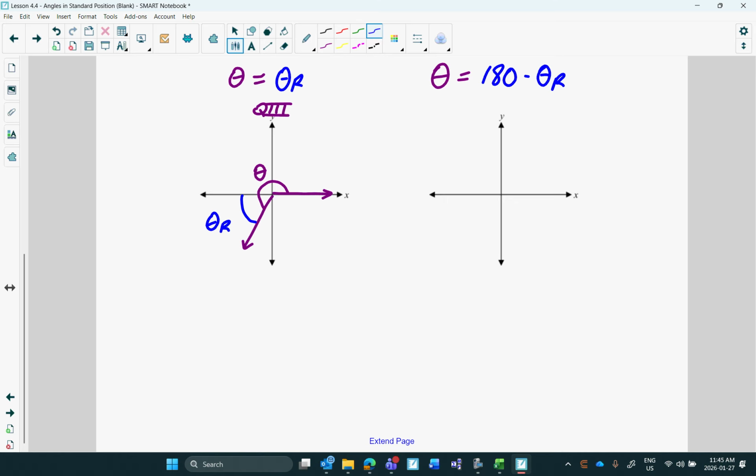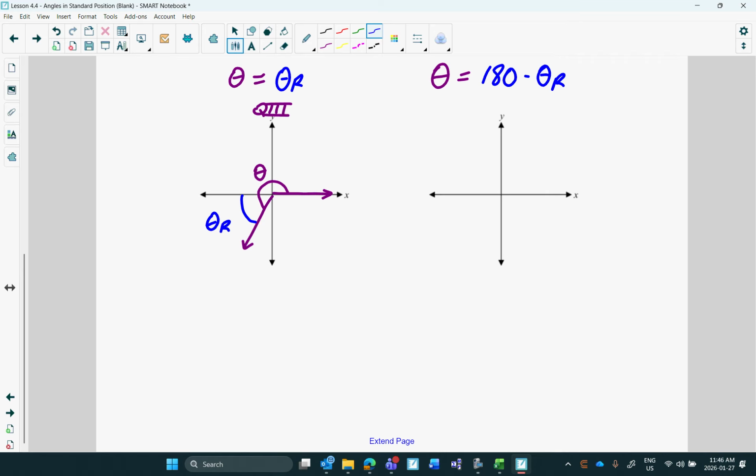So if I told you this, how would you calculate this? Let's think of an angle between 180 and 270, say 220. If this was 220, how much is this? 220 minus 180, right?